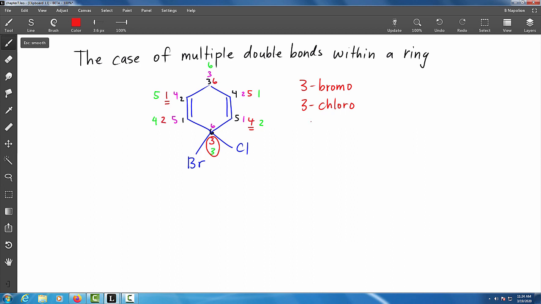So that's going to be 1,4-cyclohexadiene.